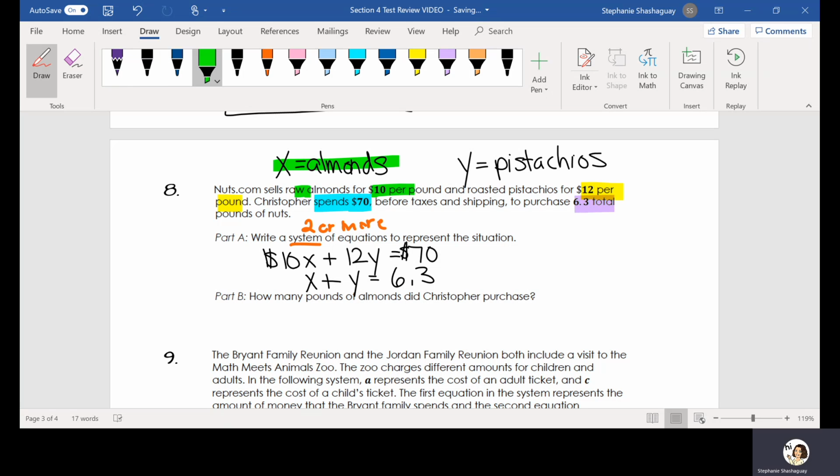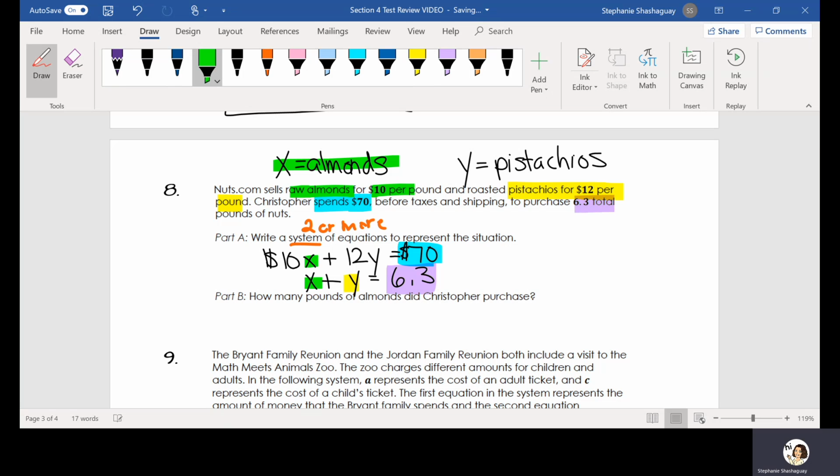So x is my almonds, y is my pistachios, and I plug them into the equation, and I identified that the 10x plus 12y was equal to the $70, and the x plus y is equal to the 6.3 total pounds. Okay.